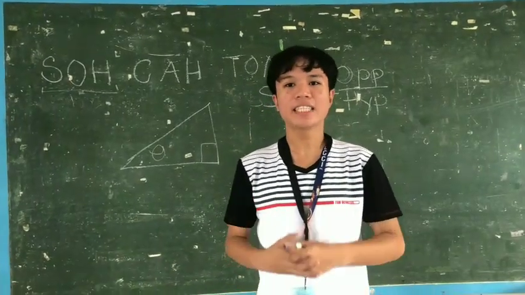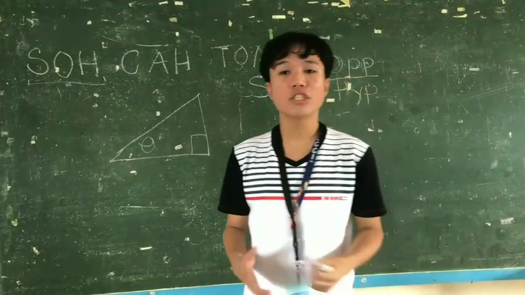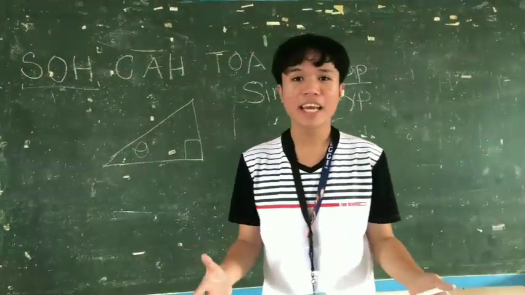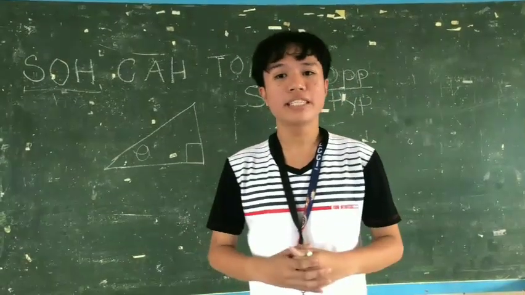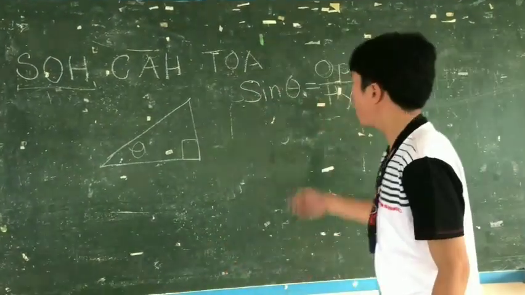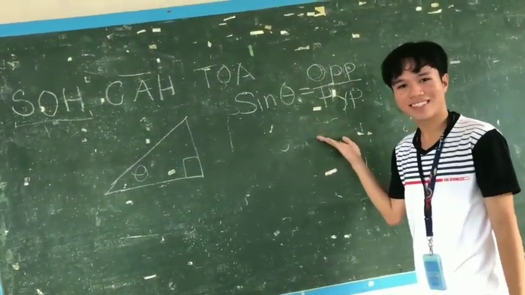This implies that in a sine ratio, we are only taking into account the opposite side and the hypotenuse.